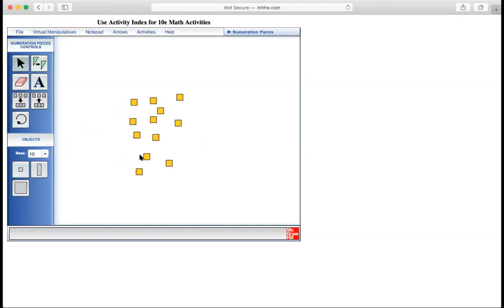Here's one group of 10. Let's group them together, and then see how many we have left over. 2. So we have one group of 10 and 2 left over. We're going to call that 12 because we're in base 10 and that's what we only know as numbers. But remember, 12 in base 5 was actually 7 because it was one group of 5 with 2 left over.